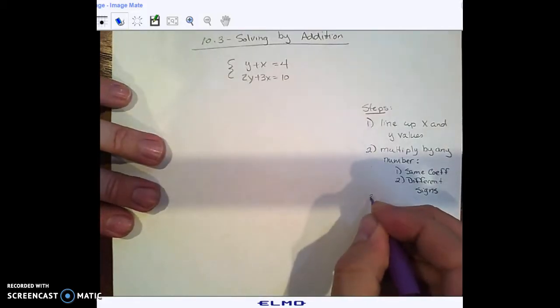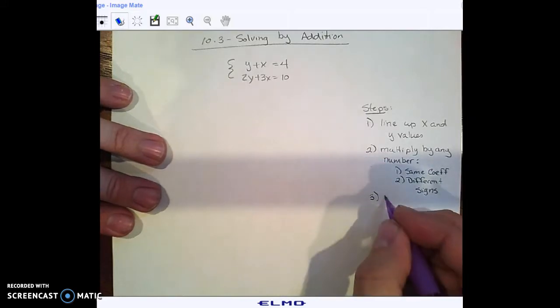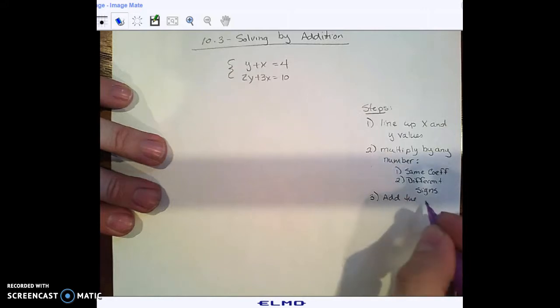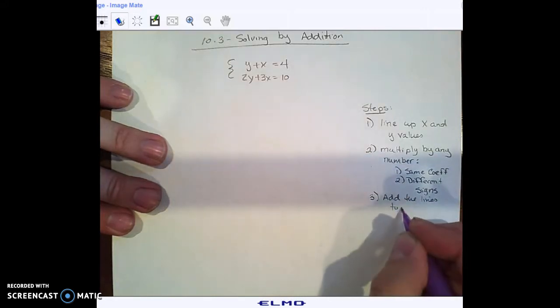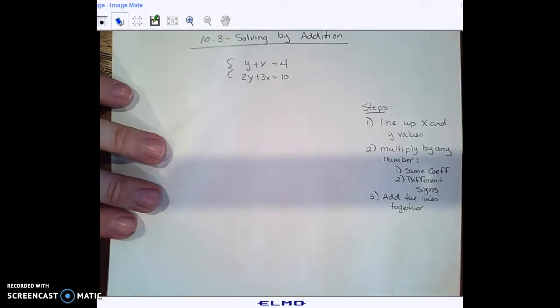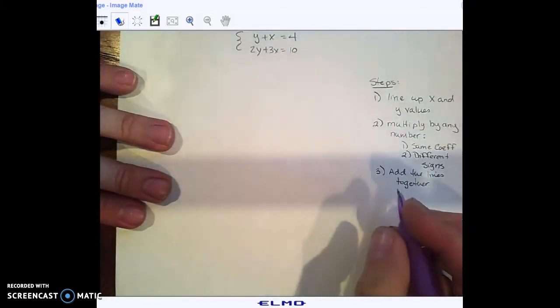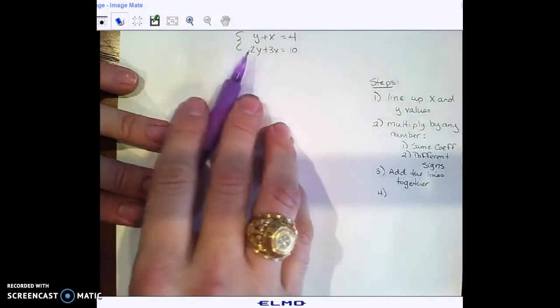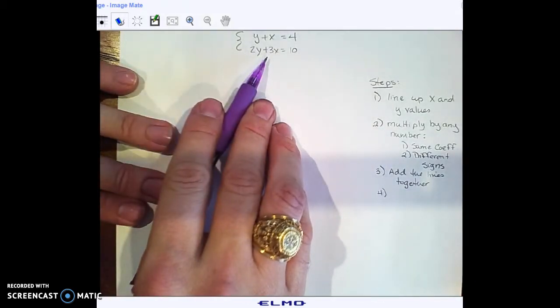The third step is that we're going to add the lines together. So in other words, add the x's and then add the y's together. Once we do that, you should get that either one or both of the variables cancel.